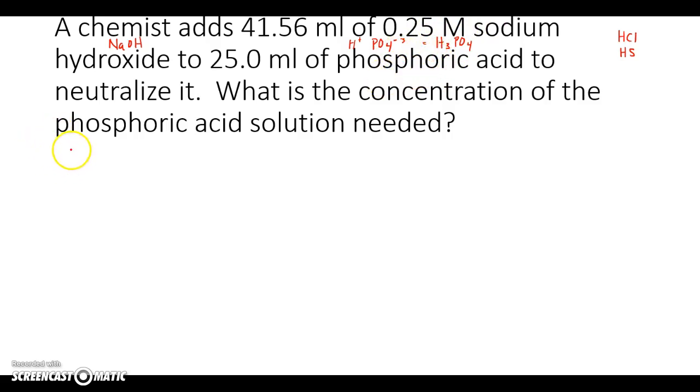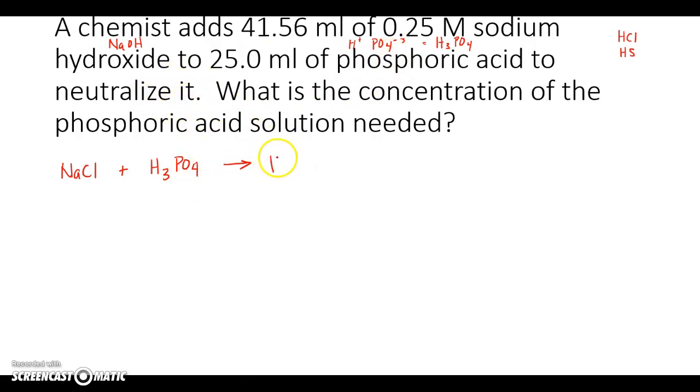So we start off by writing the chemical formula equation. We know that we have NaOH and we have H3PO4, and we want that to be neutralized.